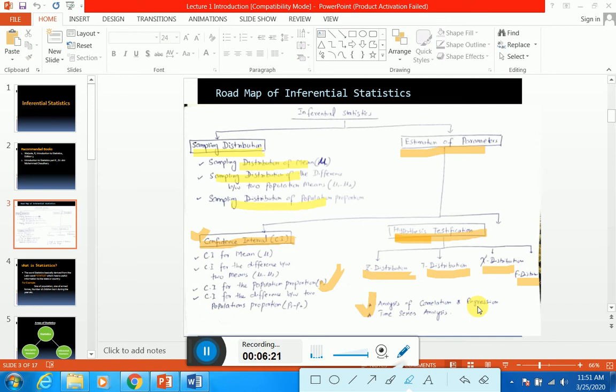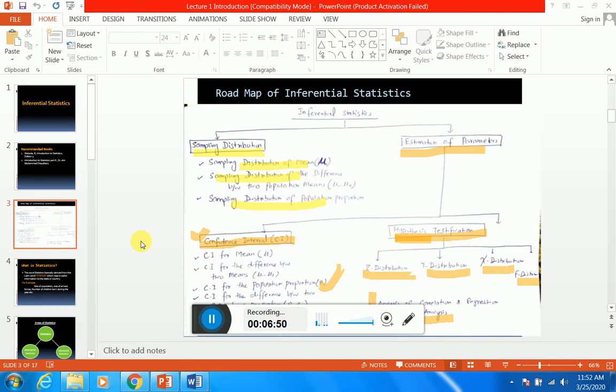Students, if you remember, we have already discussed correlation and regression in descriptive statistics as well, but here, inshallah, I shall try my level best to give you a quick review of correlation and regression in this semester too. And the last topic is time series analysis. We will discuss time series methods, the different techniques to calculate averages regarding time series data.